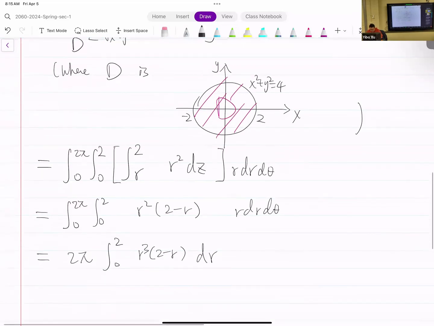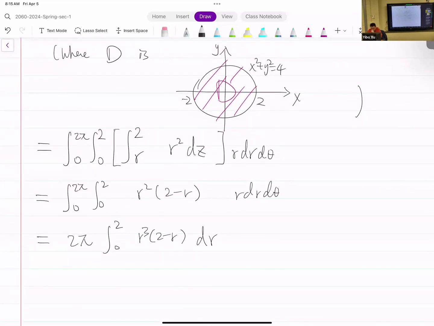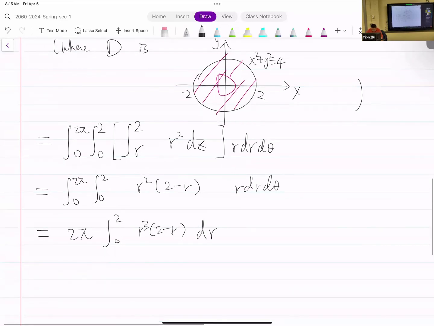So as long as we can separate the functions, we can separate the triple integral into single definite integrals, times r theta. And then finally, we just need to do the antiderivative. So this function is 2r cubed minus r to the 4th.